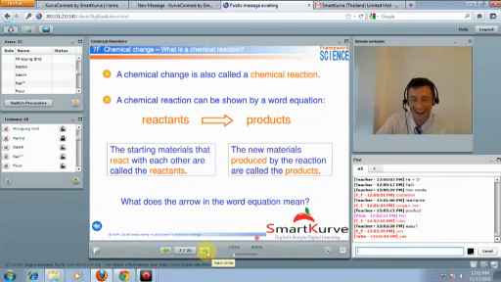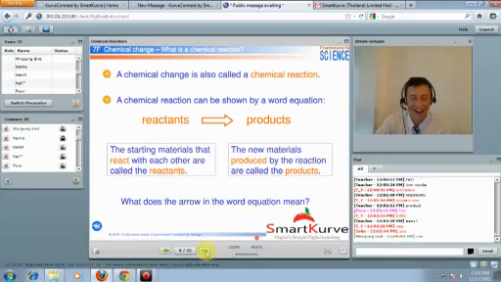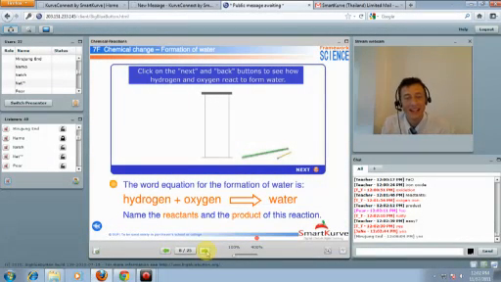Good. All right, then let's move on. Let's make it a little bit more difficult. All right, here we go. The formation of water. So for the formation of water, we have hydrogen and oxygen equals water.